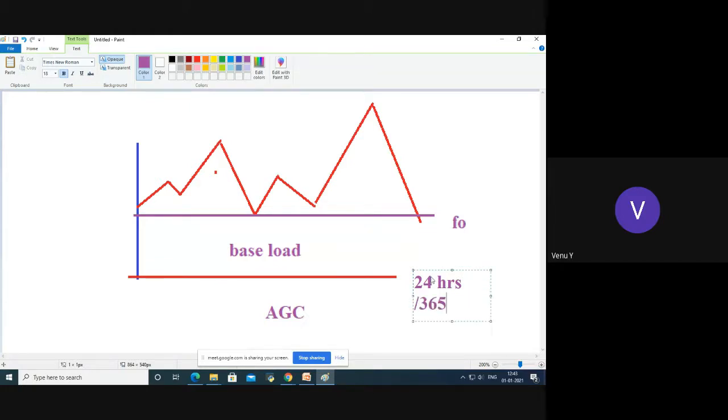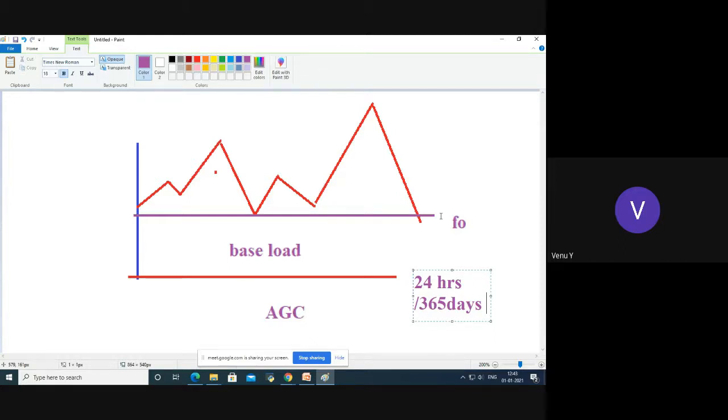Hence the frequency will be maintained at the nominal 50 Hz with the help of AGC or speed governor actions.